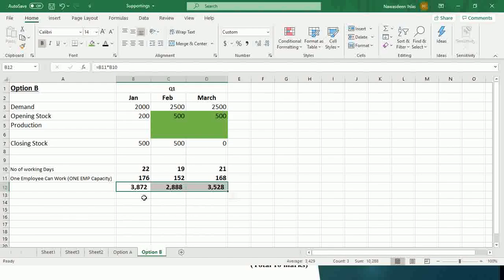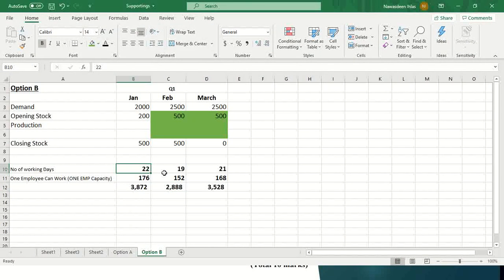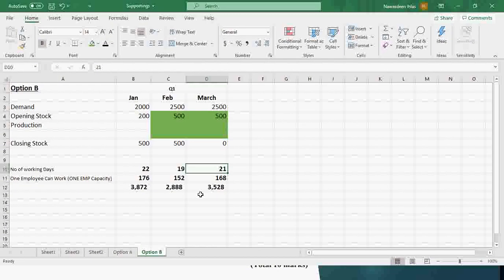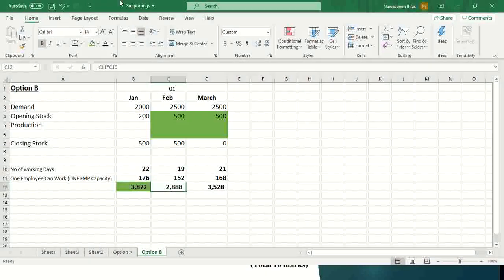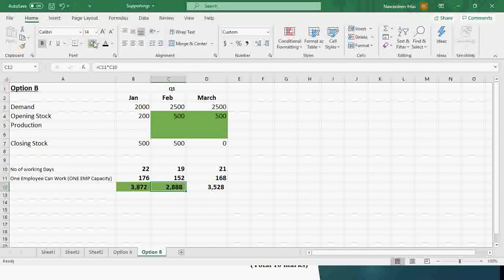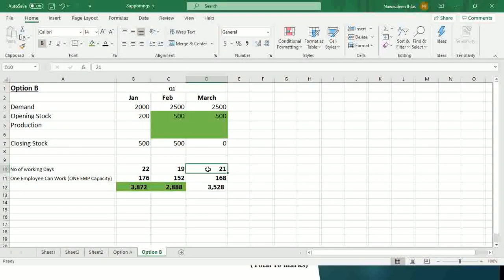This is because the number of employees is constant. Per employee, one day is 8 hours, which is also constant, but the number of days in each month differs, which means the capacity levels also change. Where days are more, capacity is more; where days are fewer, labor capacity is less; and with 21 days it is moderate.